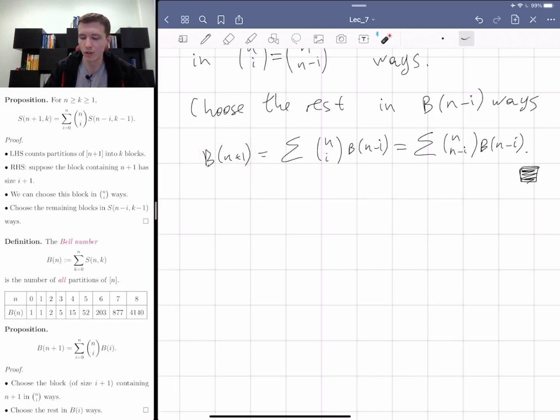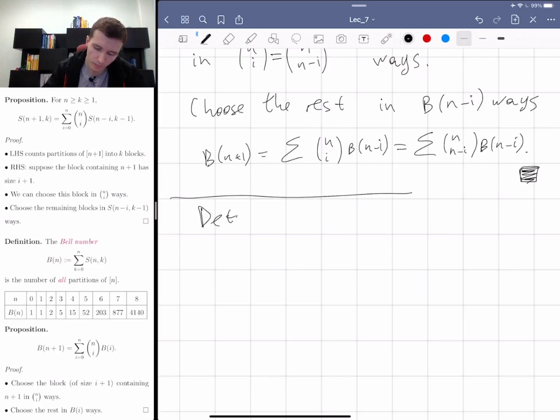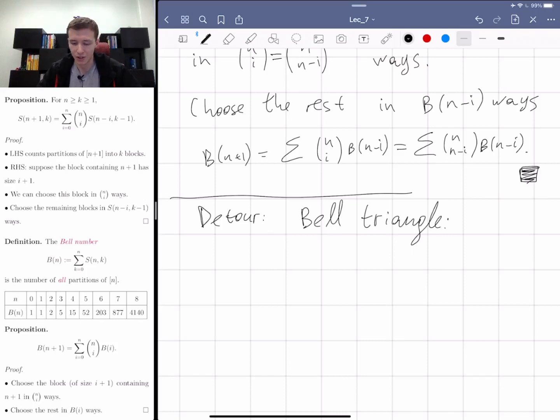Of course, you can compute them using this recurrence, but here's a graphical way to compute. So that's a detour, and that's called the Bell triangle. So how to compute these Bell numbers using a Pascal-like triangle?